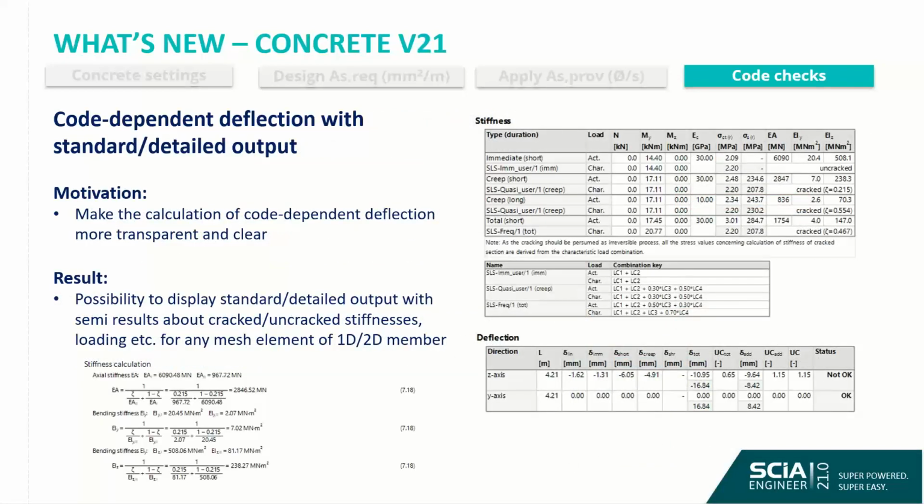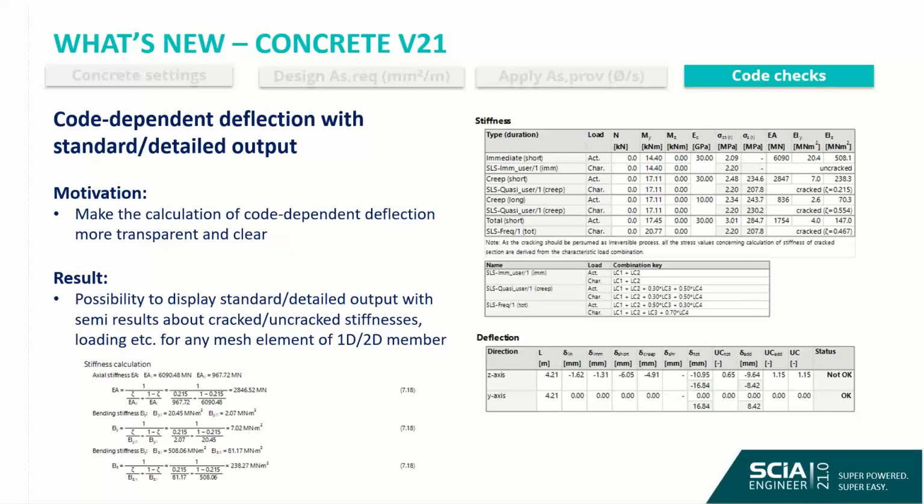And finally, code-dependent deflection with standard and detail output. Based on your feedback and requests, we introduced this, so you should be able to check what combinations are used during the calculation, what internal forces, material properties, long-term, short-term, the stresses of uncracked and cracked cross-section, and finally the stiffnesses.